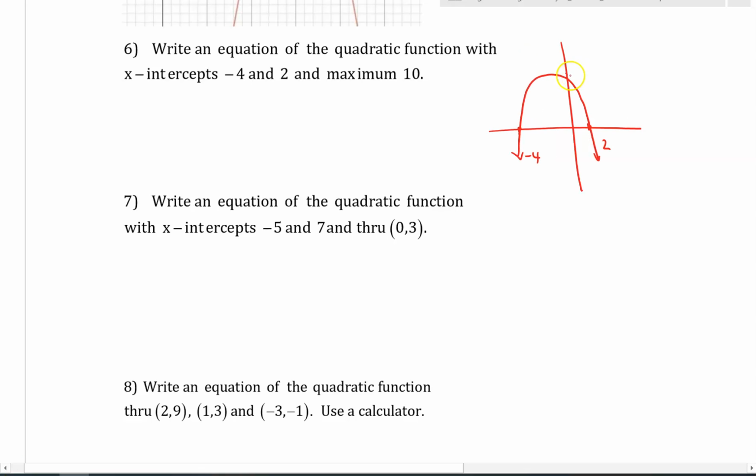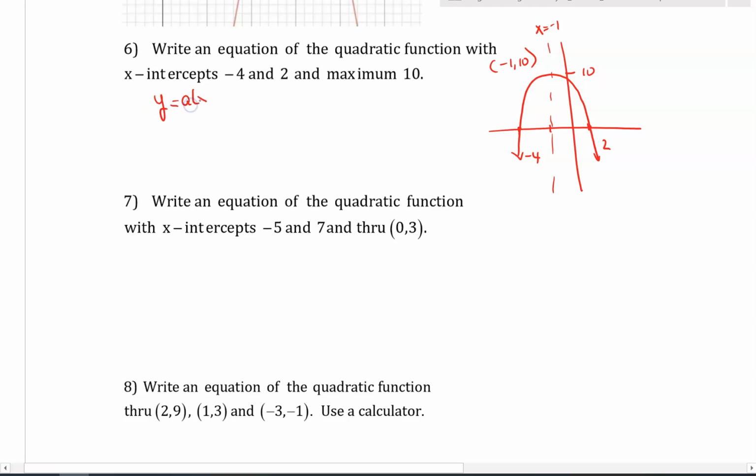For this problem, we could find the vertex because the vertex must be halfway between. So the axis of symmetry is halfway between -4 and 2. So that would be at -1. So that means that we have a vertex at -1, 10. So since we have the vertex, I would use vertex form.